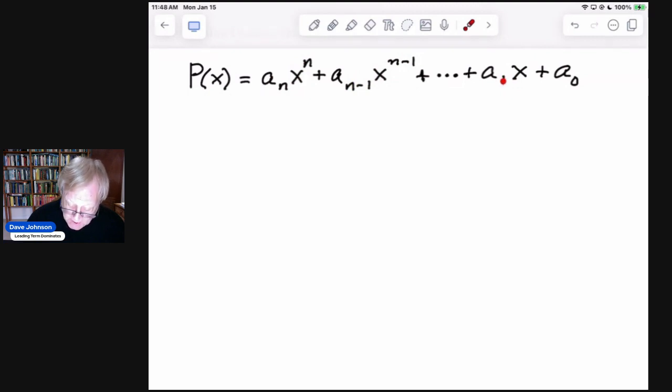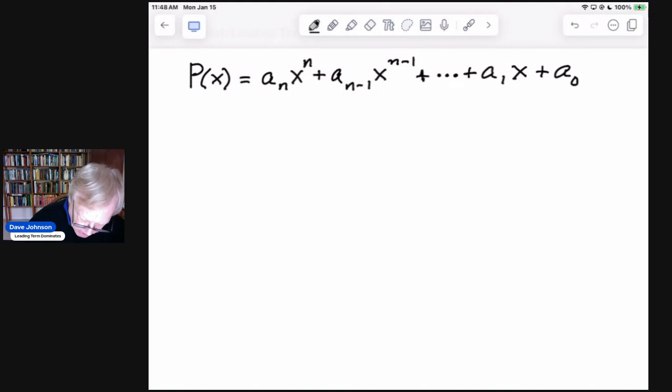And notice the subscript on the coefficient is the same in this case as the degree. And then, of course, the constant term, which we call a sub 0. A lot of us old timers, we call them a naught. Naught is just another word for nothing or 0.